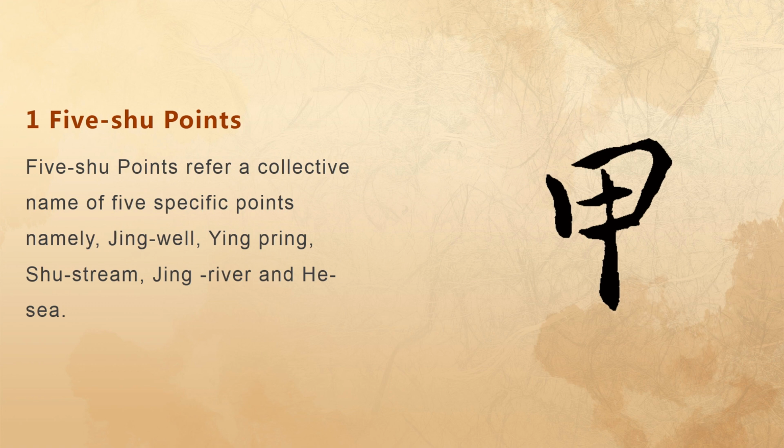Shu stream, Jing river, and He sea. They are located below the elbow or knee on the 12 regular meridians. They are situated from distal ends of the extremities to elbow or knee.